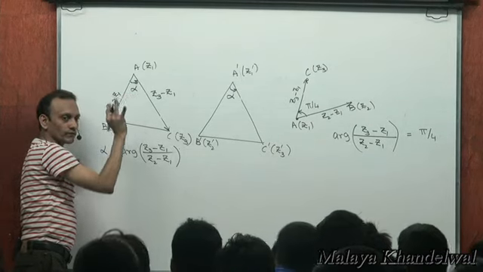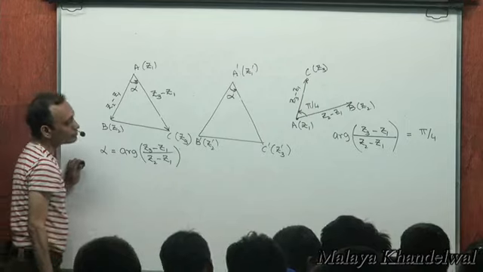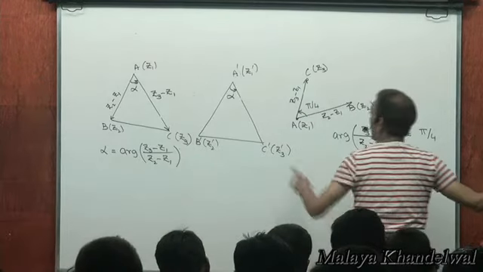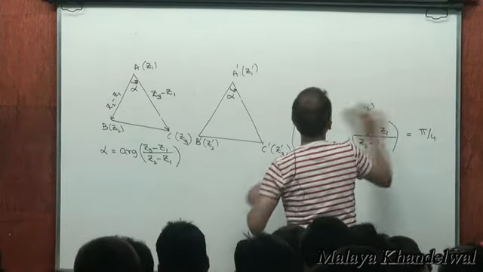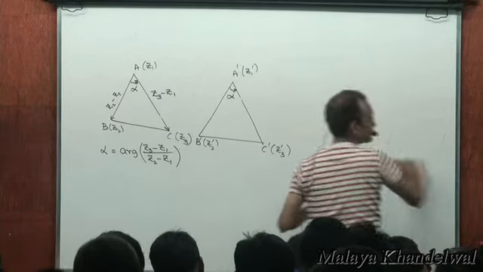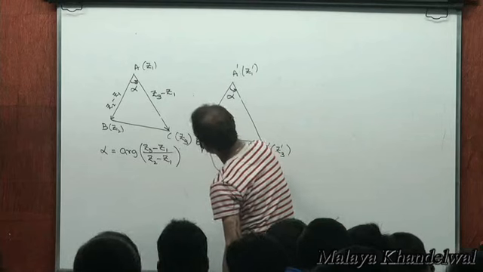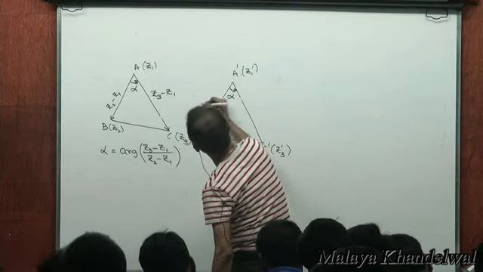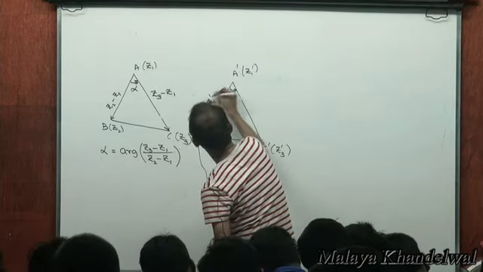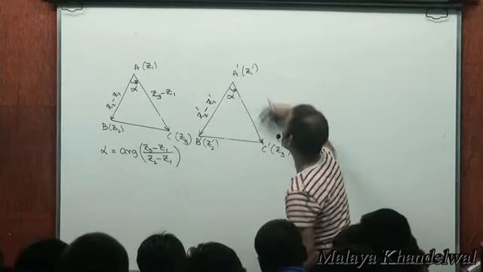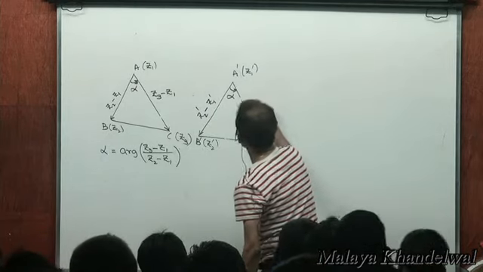Right? Now what about this? What is this vector? Z2 prime minus Z1 prime. What is this vector? Z3 prime minus Z1 prime.